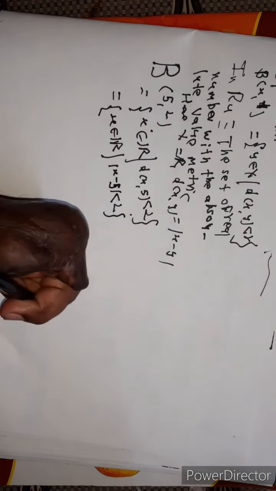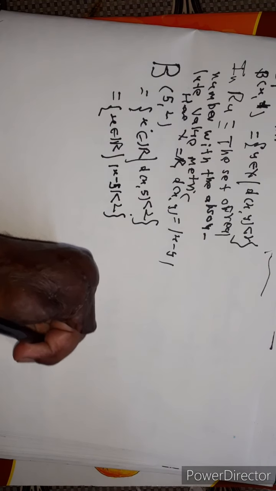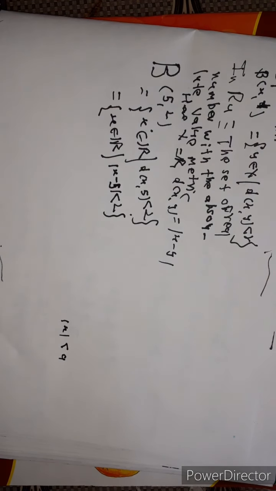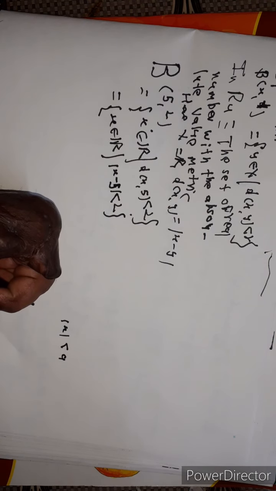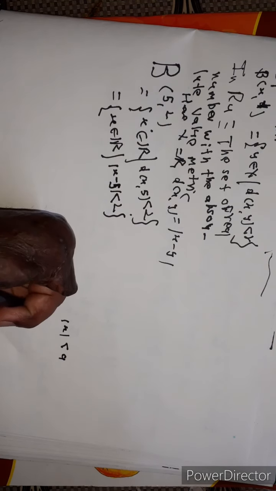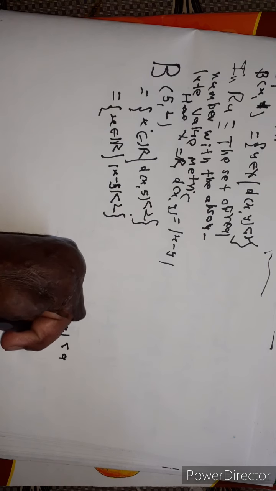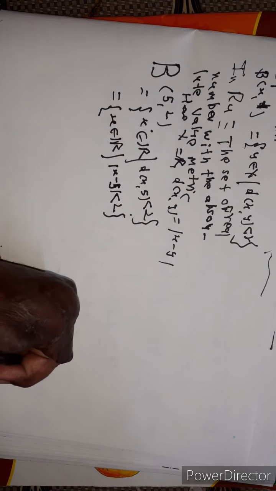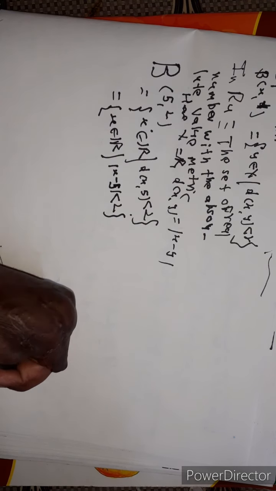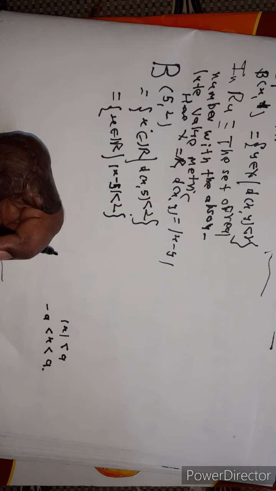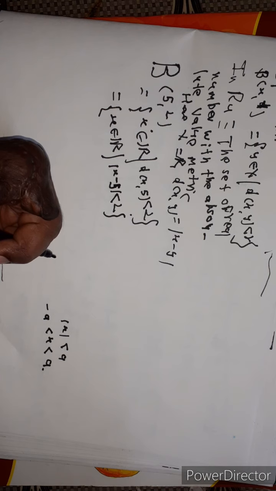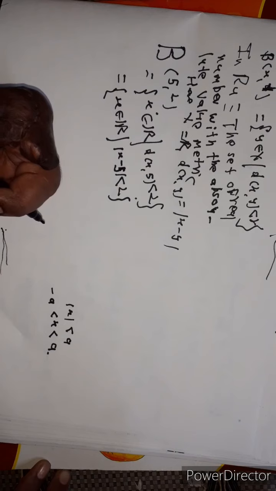Now mod of x is less than a if a is greater than 0. Mod of x is less than a means this can be rewritten as minus a is less than x, x is less than a. Therefore minus a is less than x, x is less than a.